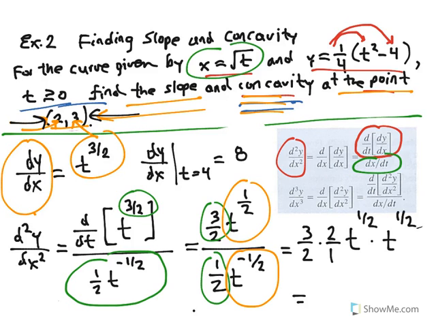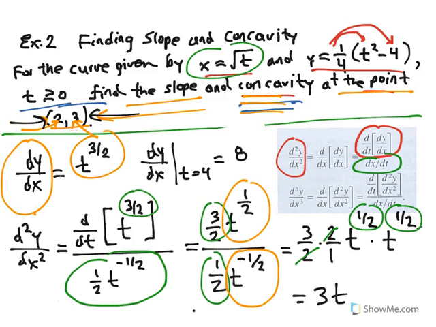So when you do the simplification, 2 and 2 will cancel here, leaving you with 3 times t to the first power. You have a product of two powers with the same base, so when you add the exponents, you get 1. So you get 3t. That is the second derivative.